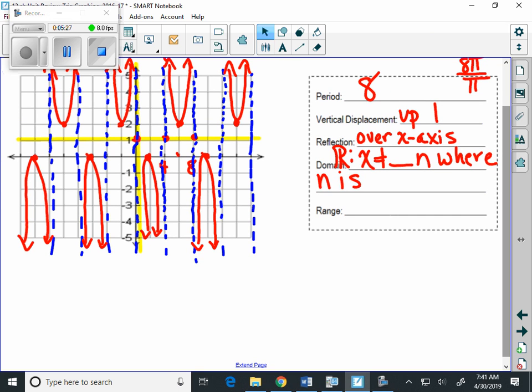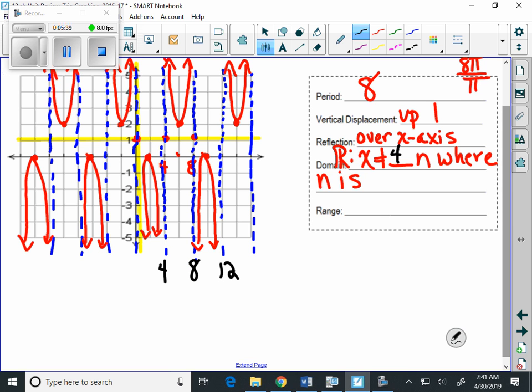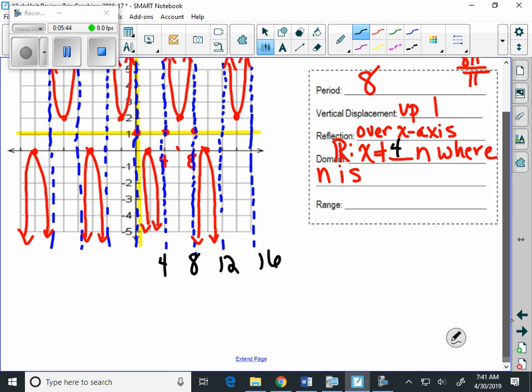And what we have down here is that our first positive asymptote is at 4. So I'm going to be filling in 4 there. And then our next asymptote is here at 8, which would make the next one at 12, and the following asymptote at 16. And what our n is, this would be 4 times 1.